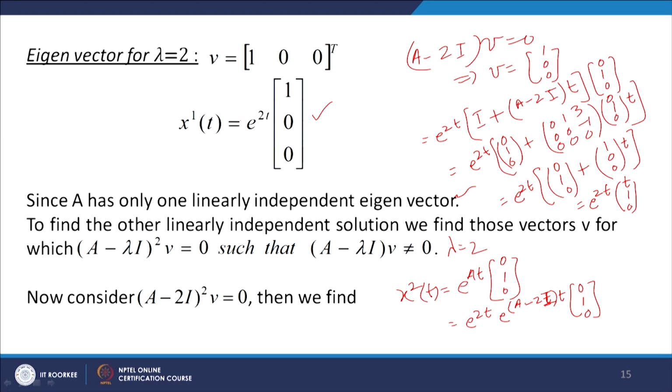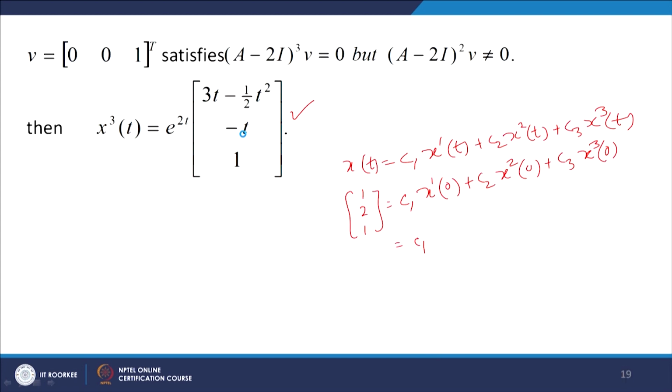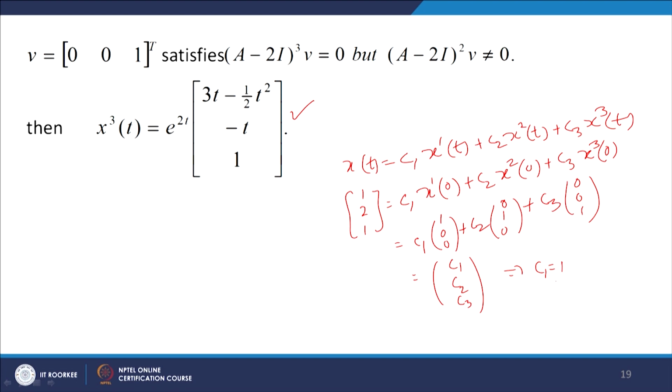You put t equal to 0 here, so we get 1 0 0, then 0 1 0, and then 0 0 1. So what we get is C1, C2, C3, and then C1 equal to 1, C2 equal to 2, C3 equal to 1.